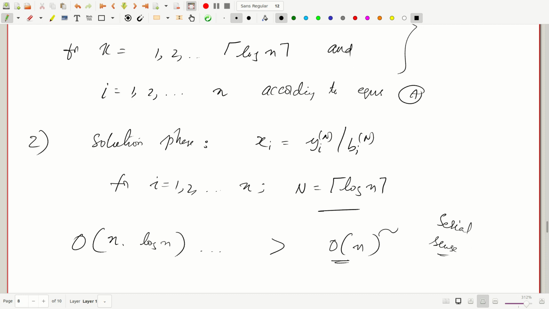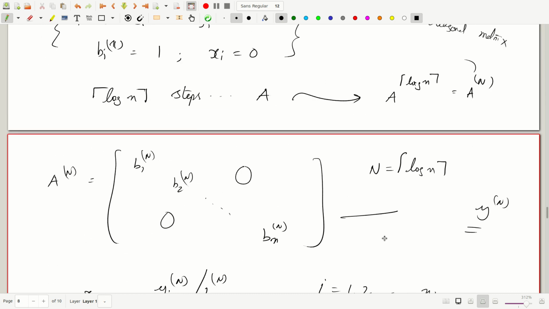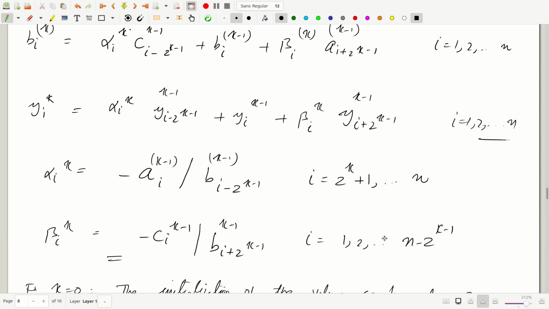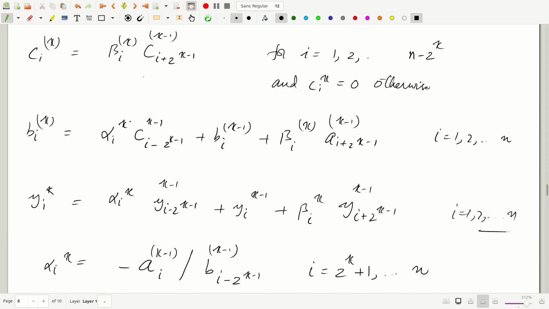But then what is the advantage of the recursive doubling method? The advantage is that the computations in each of the elimination and the solution phase, once you are in this loop, the computations at any step k can be performed in parallel. And even in the solution phase. If you look back at the equations, the k values only depend on k minus 1.